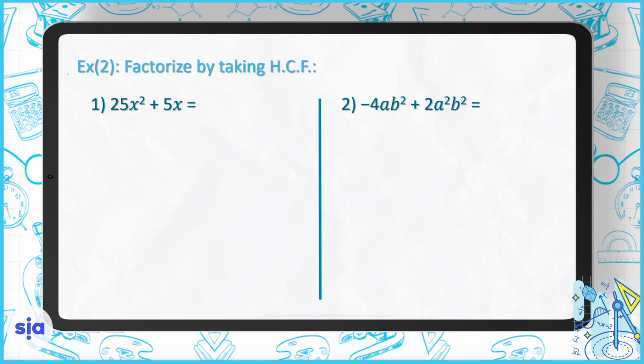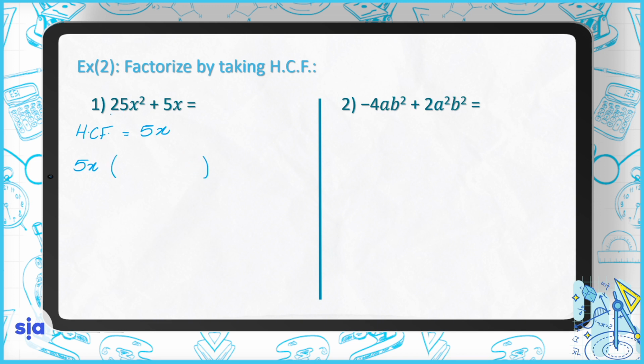Let's now go to exercise number 2, how to factorize using the HCF. 25x squared plus 5x, in this case the HCF is 5x. So we're going to take the 5x as a common factor outside the bracket, and we open a bracket.